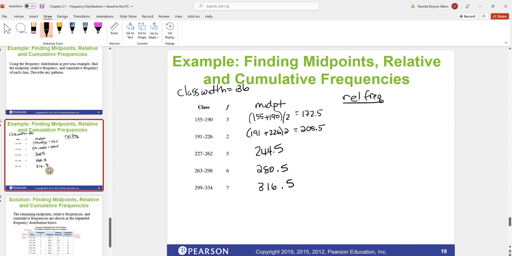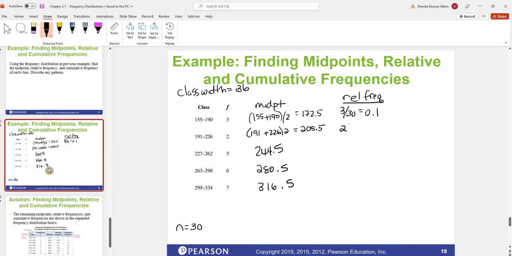Now we're going to talk about relative frequency. We know that we had a total of 30 data values in this set. So the relative frequency, or the percentage of values that fall within this first class, is going to be calculated as 3. We're going to take the frequency and divide it by 30. I get 0.1.